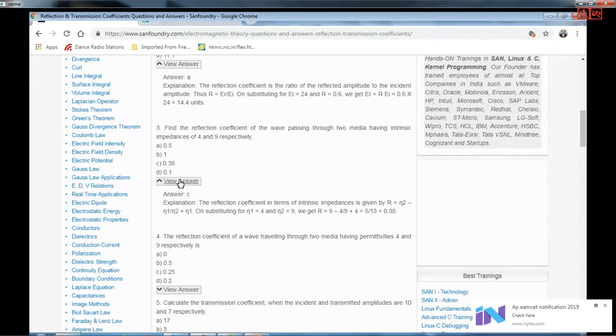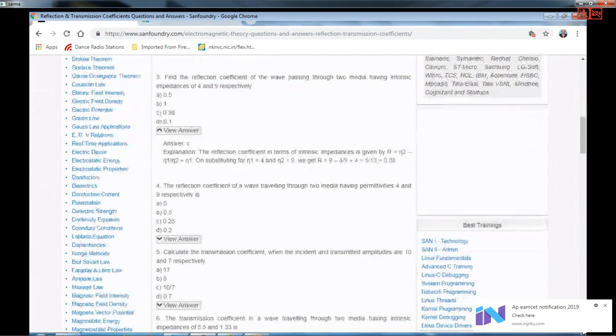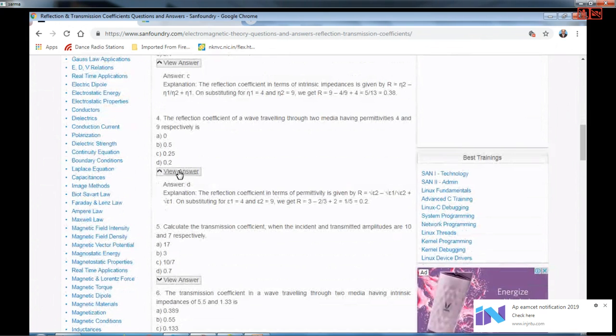Okay. Then the reflection coefficient of a wave traveling through two media having permittivities of 4 and 9, on the same lines. Permittivities are given. So we need to find what is the intrinsic impedance from these calculations. So finding out the intrinsic impedances, and then finding out in the same manner will give you the reflection coefficient of 0.2.